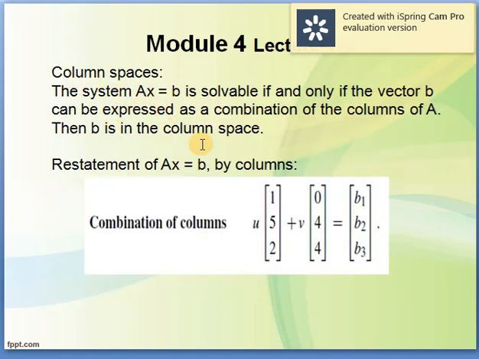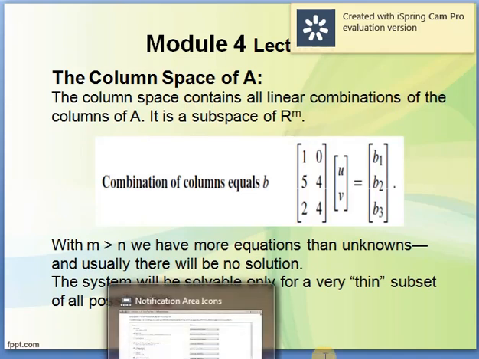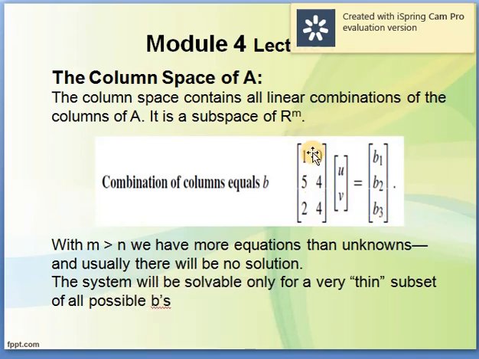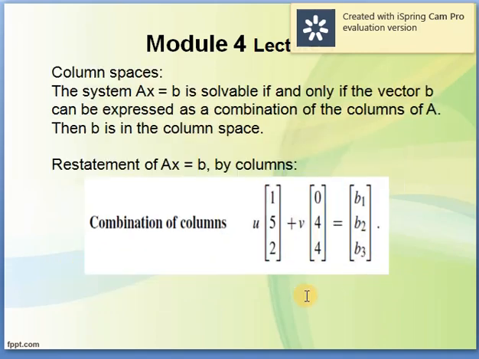A system Ax is equal to b, whatever matrix we have written, is in the form Ax equals b. So it is solvable if and only if the vector b can be expressed as a combination of the columns of A. Then b is in the column space.